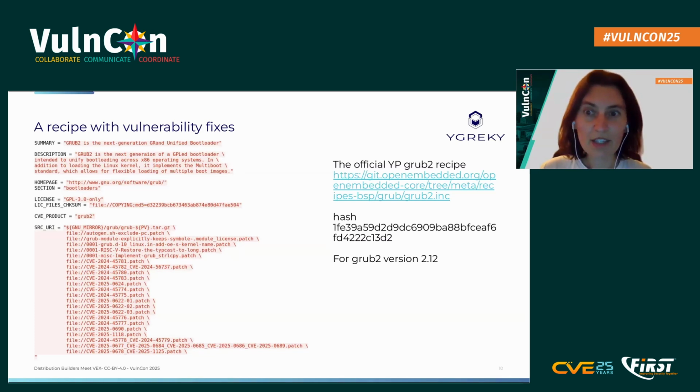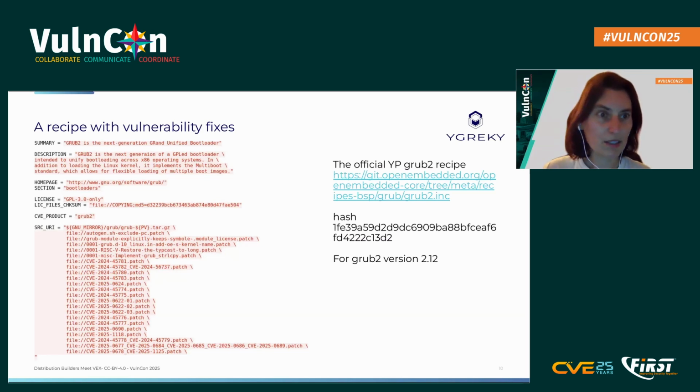But then you get a bunch of files with strangely familiar names, like CVE-2024-45781.patch. What's that? Those are patches to be applied on the grub source code to fix that given CVE.